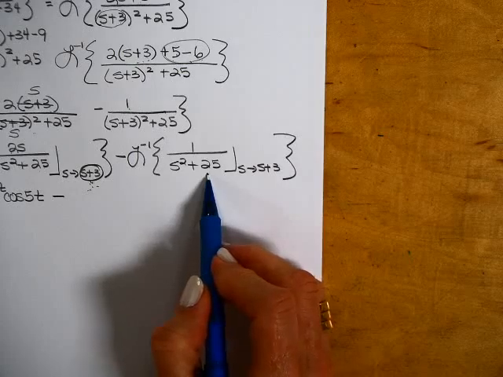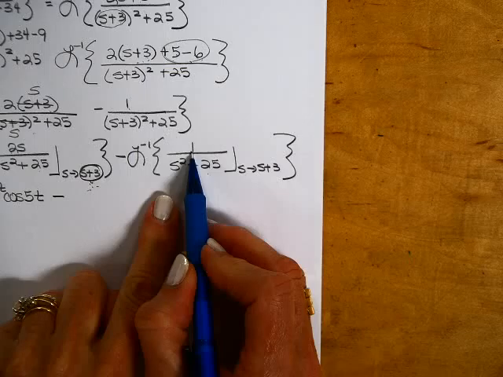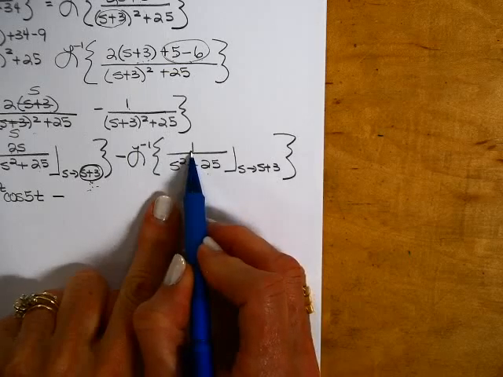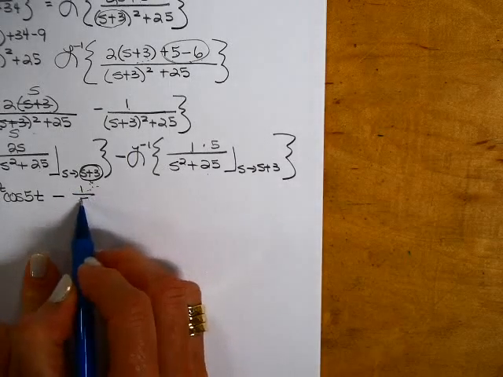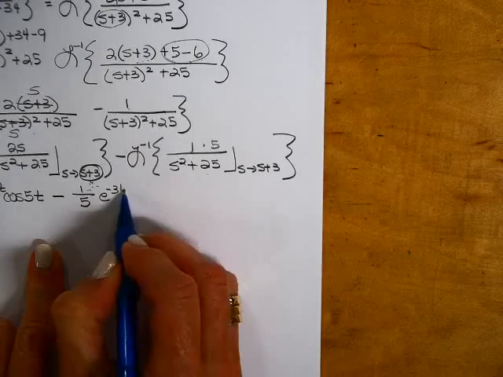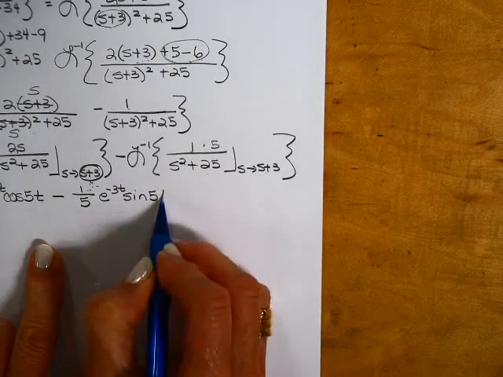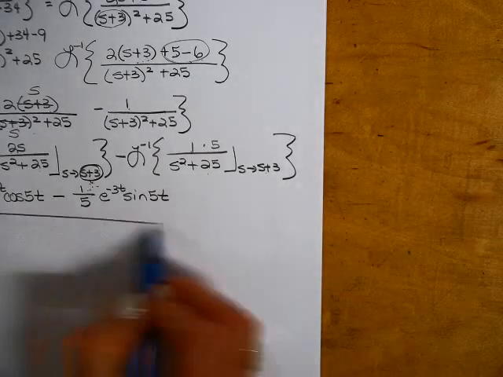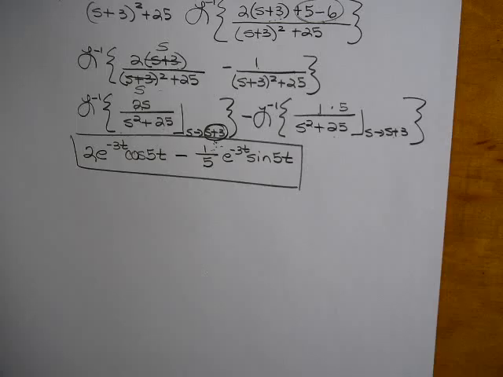I believe this is a sine, but I think I need a 5 on the top right here. So if I need a 5 on the top, then I'm going to have to multiply times 1/5, and I have e to the negative 3t for my shift times the sine of 5t. And that's the inverse Laplace transform of that, sorry.